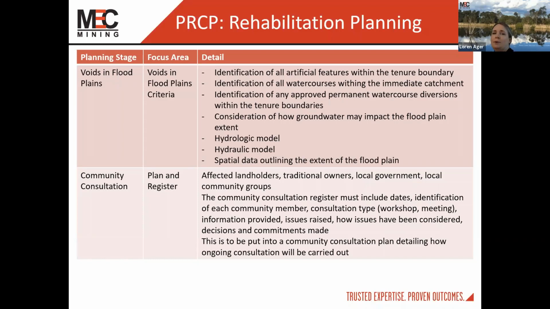So it is important that you identify all these areas and that you also do some significant modelling of floodplains through that area. So the Queensland Government will not approve a PRCP schedule that includes a void that is situated wholly or partially in a floodplain unless the void will be rehabilitated to a stable condition.